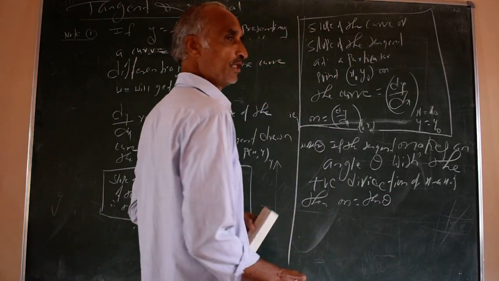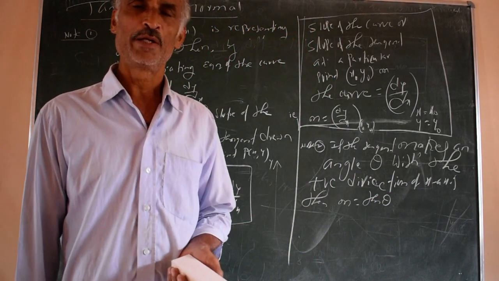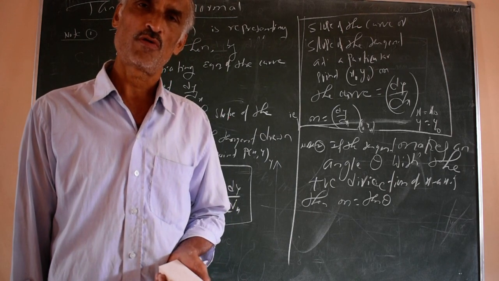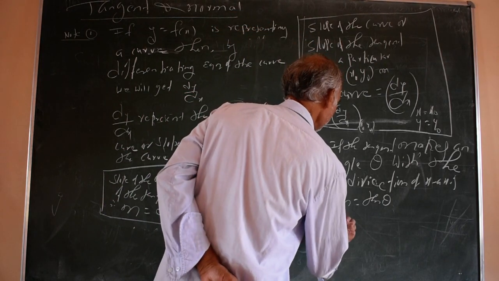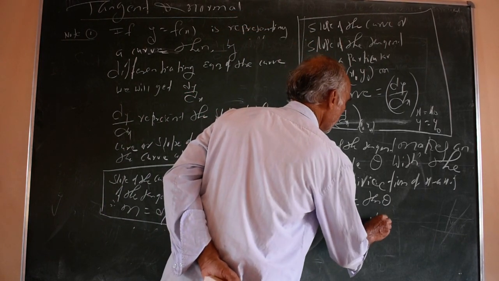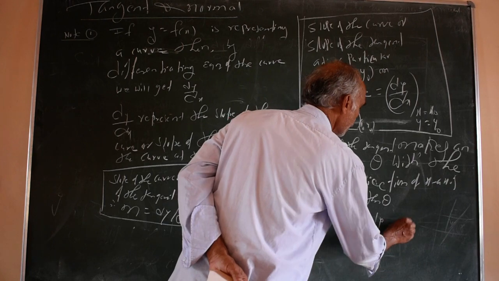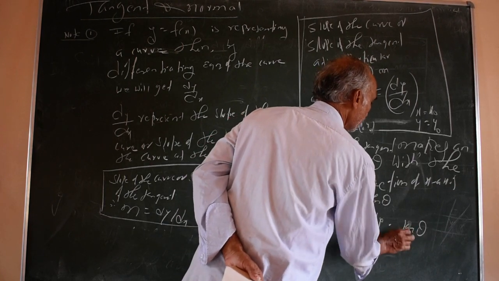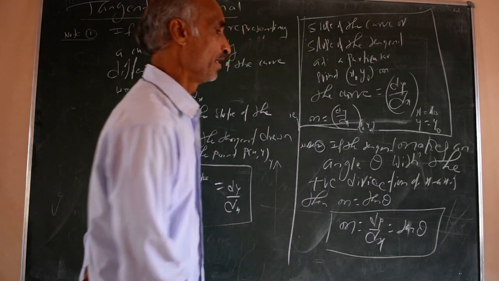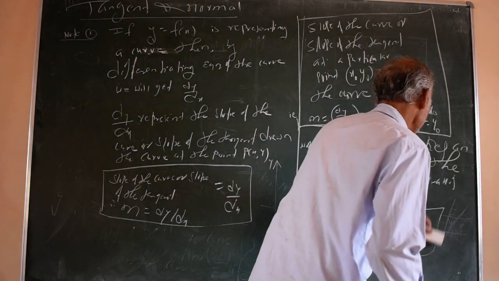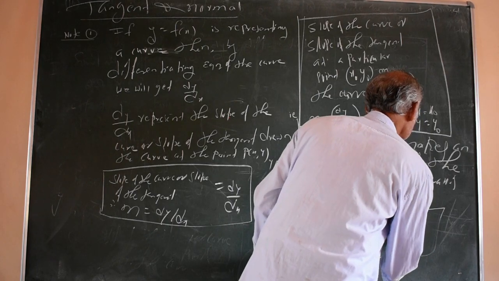Therefore, last year's formula: if a line makes an angle theta with the positive direction of the x-axis, then m is equal to tan theta. Therefore, m is equal to dy by dx is equal to tan theta. dy by dx means tan theta.